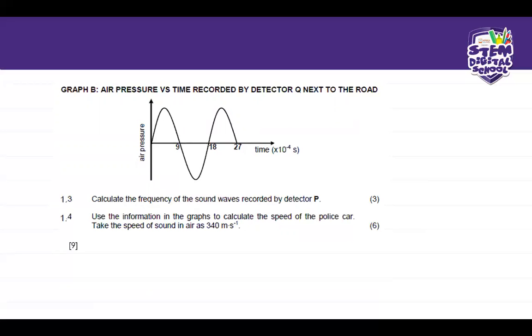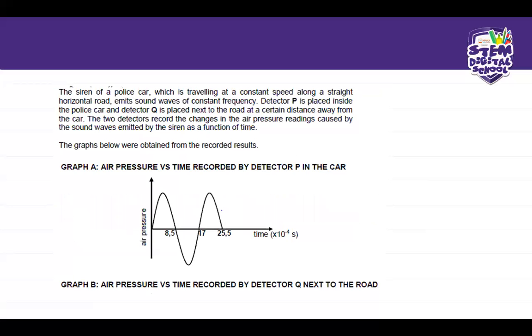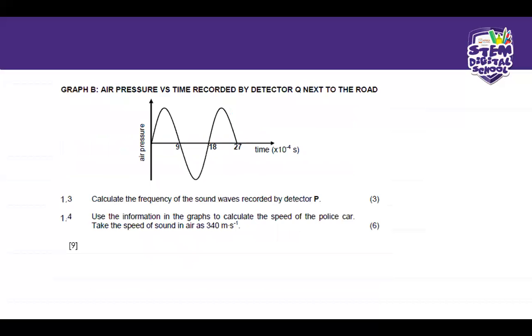And we know that when the listener or the observer is standing still, the one on detector Q, the VL is going to be 0, and the one for the source is going to be VS, right? I think that the car is moving towards that standstill listener, and that's going to mean that our sign is going to be a minus.